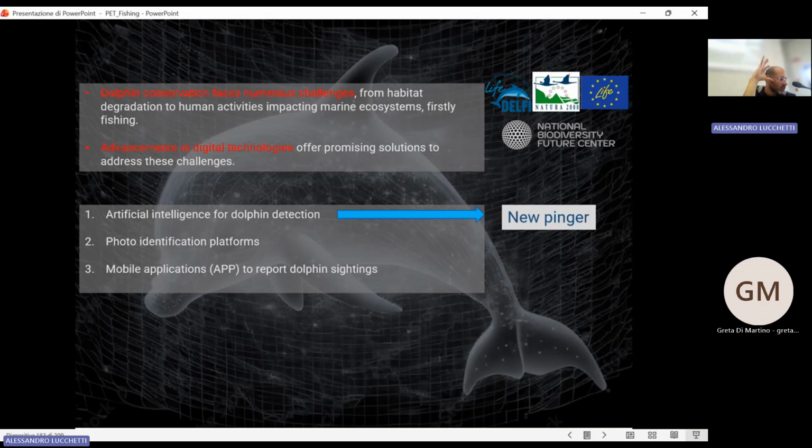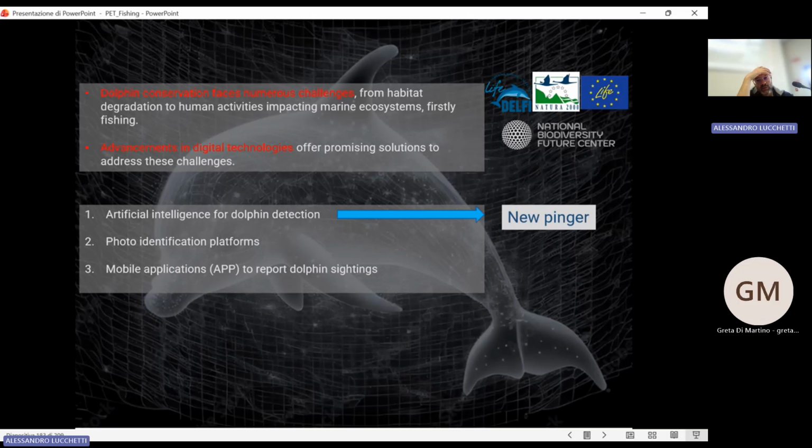The device is quite complicated because, as you can imagine, if you want to produce something that a fisher can use, you have to reduce the dimension and you have to reduce the price. That's why we had to develop every single component as cheap as possible, and we developed everything from zero.